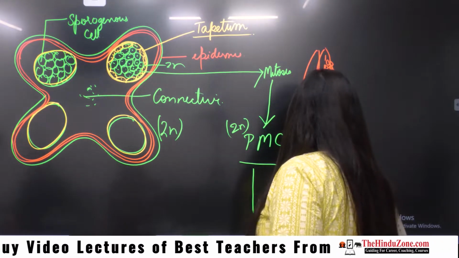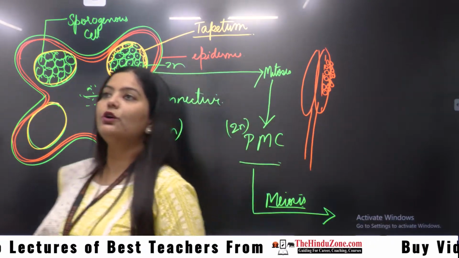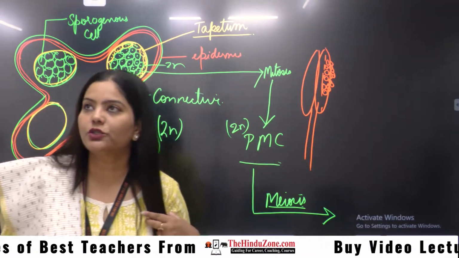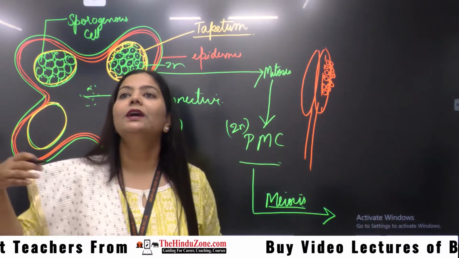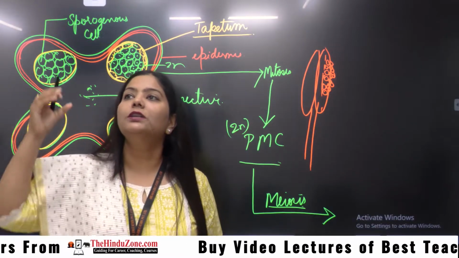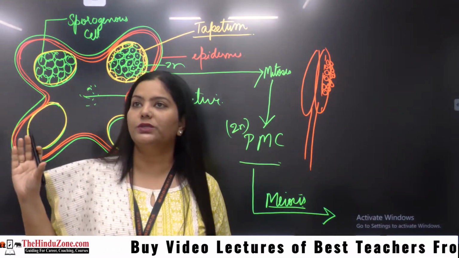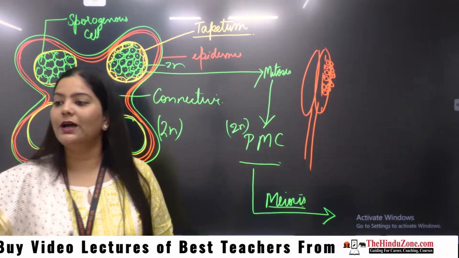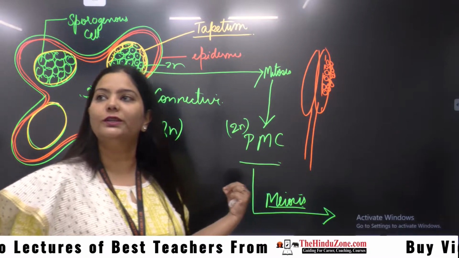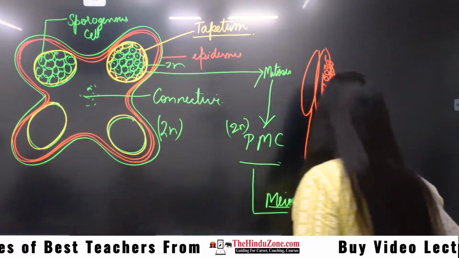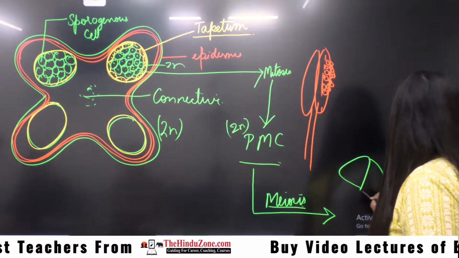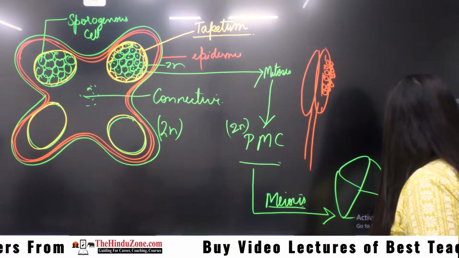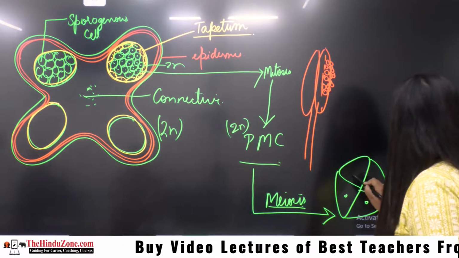Meiosis, you know, is a two-step reaction: meiosis 1 and meiosis 2. As a result, post meiosis always 4 cells are produced, right? If cytokinesis takes place, then 4 cells are produced and they are still joined with each other.